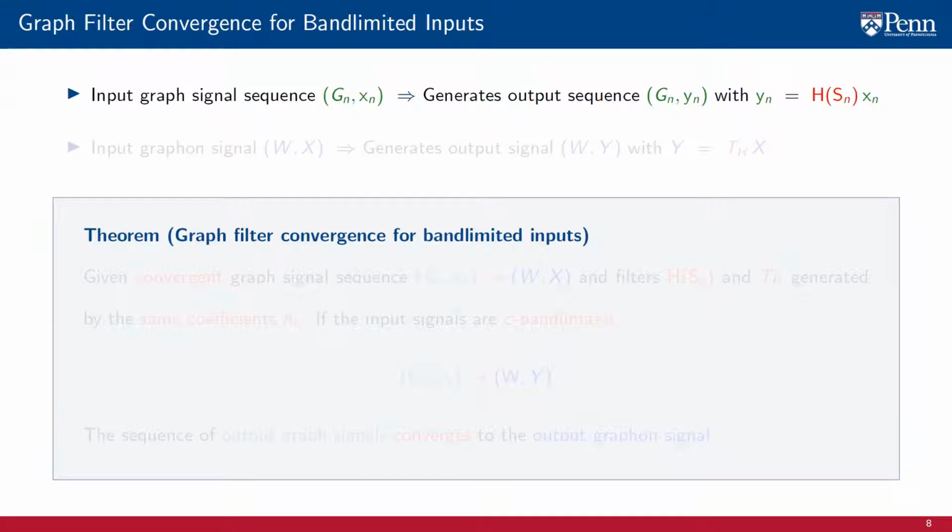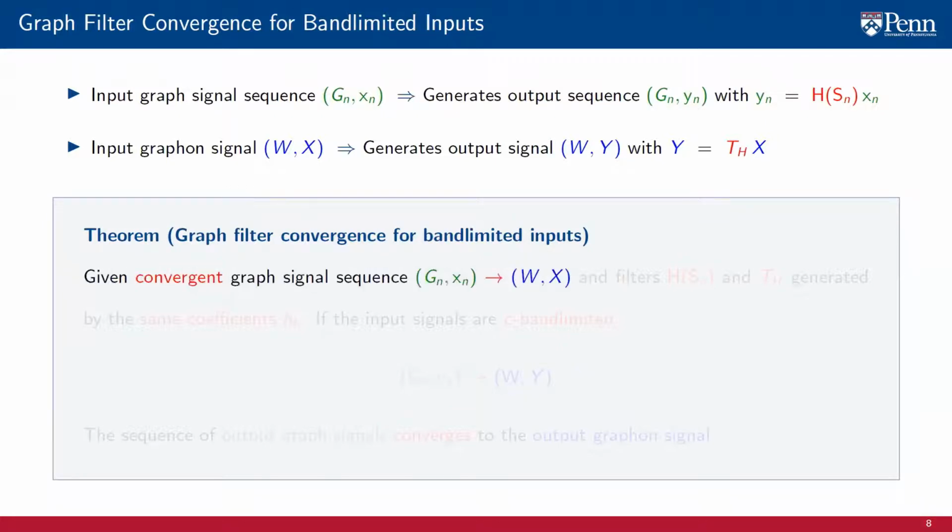To state the theorem formally, consider a sequence of graph signals Gn, Xn. This input sequence generates a sequence of output graph signals Gn, Yn, in which each of the output signals Yn follows from application of the graph filter H of Sn. We also consider a graphon signal Wx. This input signal generates the output graphon signal Wy, in which Y follows from application of the graphon filter Th.